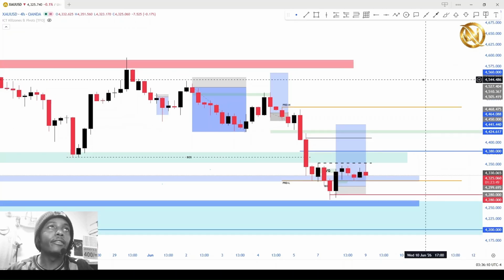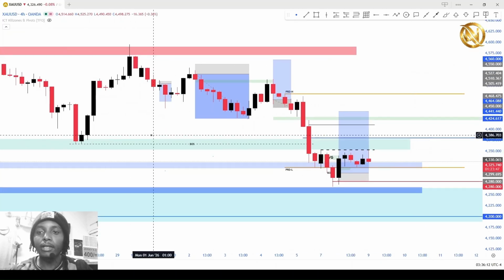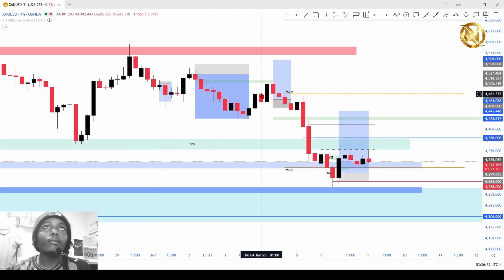Something that I have not mentioned is that I marked Friday's high and Friday's low, because I always call them previous day high and previous day low, because they can be a form of manipulation, or they can help you to understand or to get some levels of entry or some levels of exit in the trade.